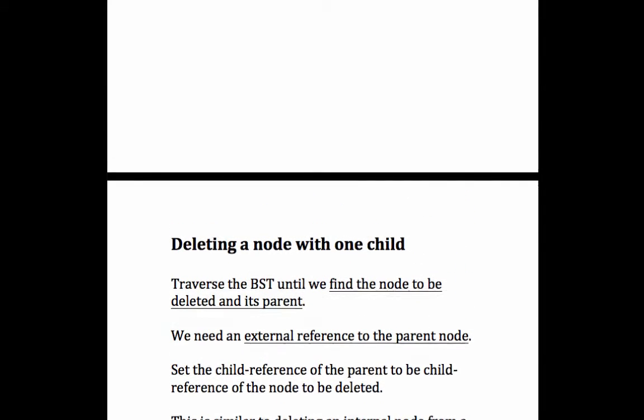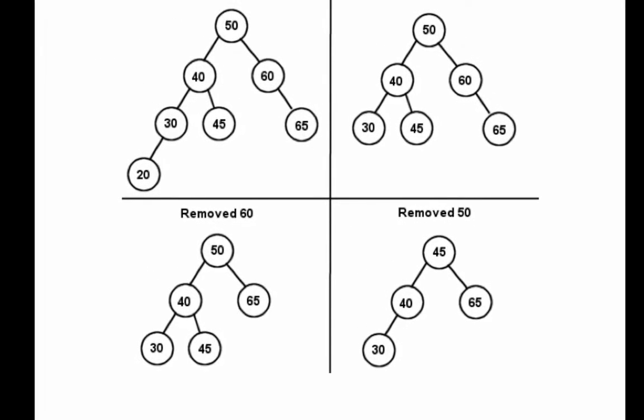So let's take a look at this diagram. This is the binary tree as we have it, and we see here that the only node in this tree that has a child happens to be 60. So we're going to remove 60, and to remove 60 simply means, okay, find the parent, take its child, in this case the right child, and set it to be what?